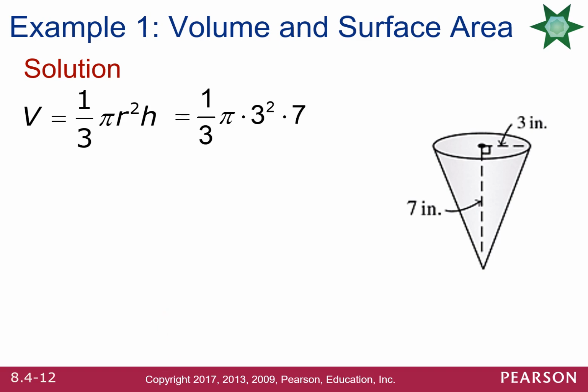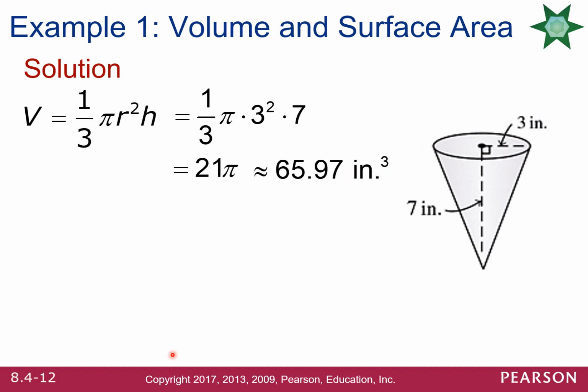So 1/3 pi times 3 squared times 7 will give us 21 pi. When we evaluate that, we should get a value of 65.97 cubic inches.